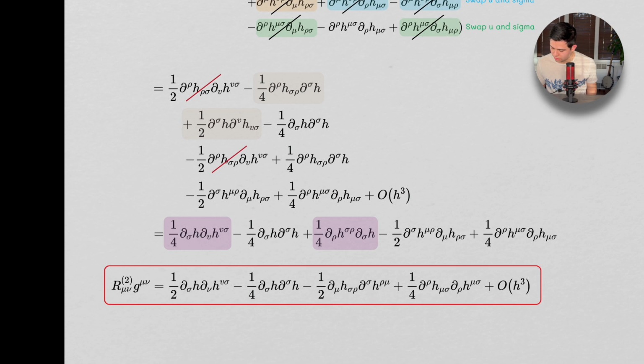Because we have rho, sigma, rho, nu, sigma, nu, and then sigma h, sigma h. So again, dummy variables. We can add these guys up, and that gives us a positive 1/2 term in front of there. There's that positive 1/2 term.